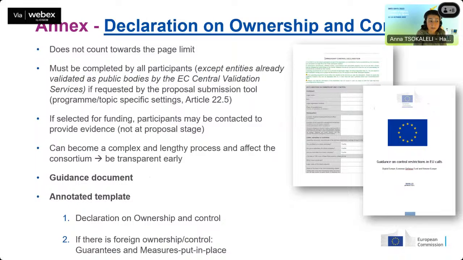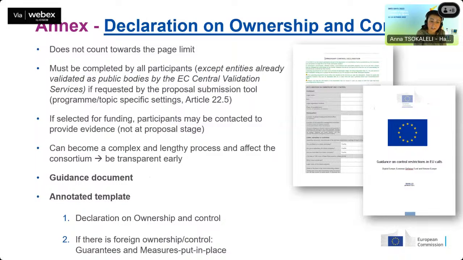Then all declarations must be assembled by the coordinator and then uploaded in a single file in the submission system. If your proposal is selected for funding, then participants may be contacted to provide more evidence. And this can become a very complex and lengthy process, which affects the consortium. So be transparent as early as possible in the application process.